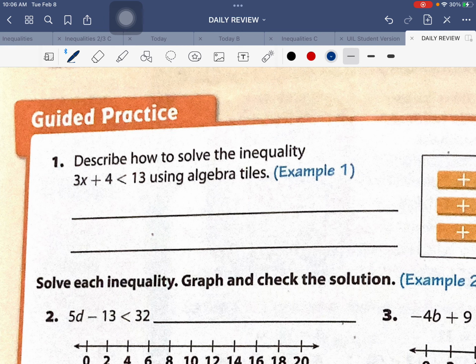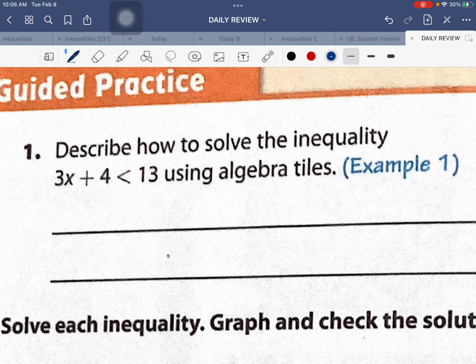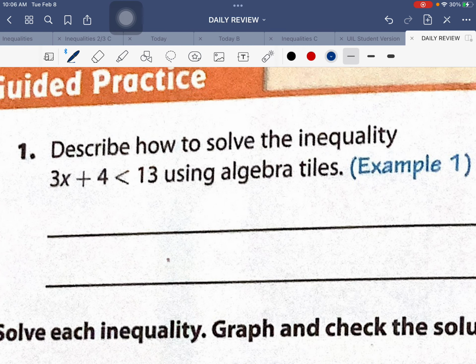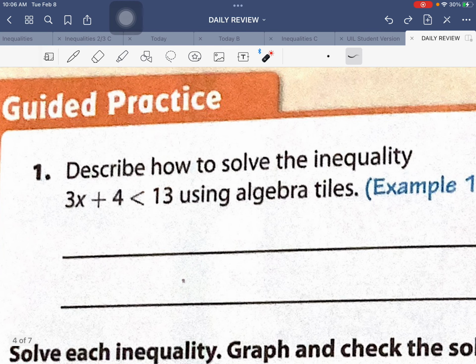Describe how to solve the inequality 3x plus 4 is... How do you say that little inequality symbol? Less than. Correct. That little inequality symbol is less than.